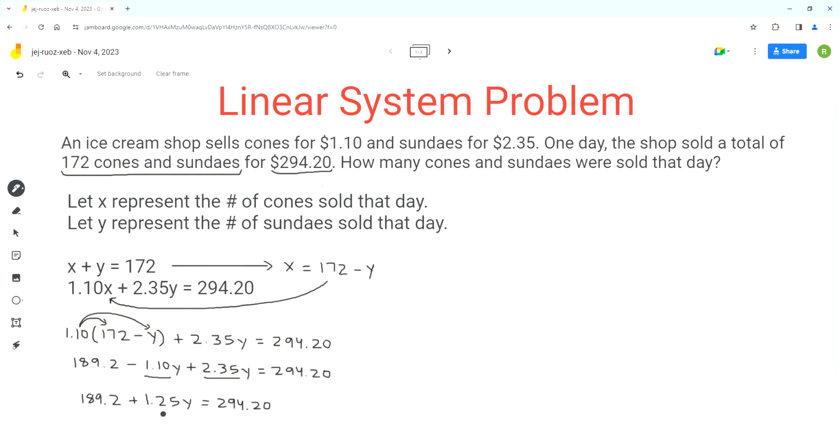And now we can isolate y on the left side of the equation by subtracting 189.2 from both sides. So the 189.2 on the left side cancel each other out. Now we get 1.25y equals 105.